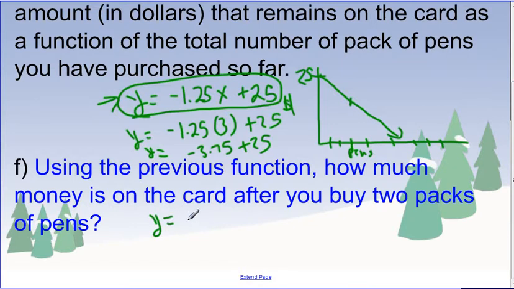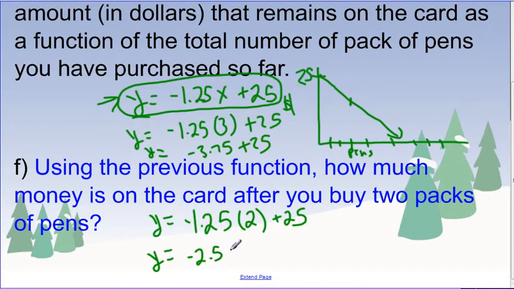Okay, so you should have done this problem and you should have plugged in 2 packs of pens, just like in the example I did up there. We plugged in 3. So let's see what we got. Well, 2 times that, so I'm basically just doing math on this side of the problem. 2 times a negative 1.25 is a negative 2.50, plus 25.